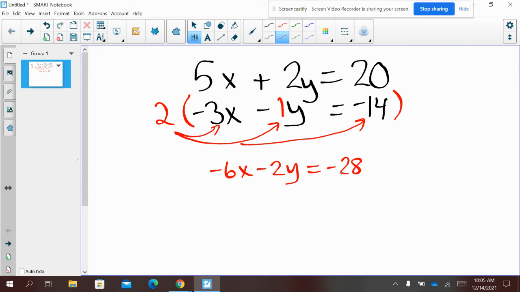Now I'm going to rewrite the original first equation technically at the top. 5x plus 2y equals 20.